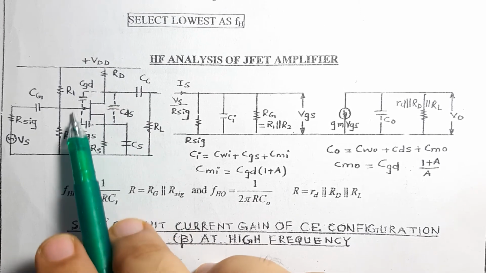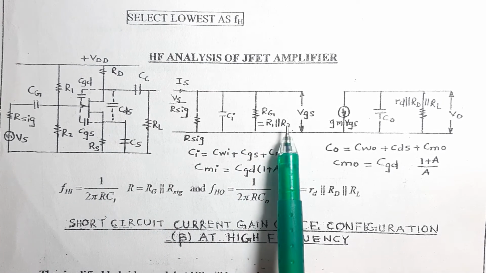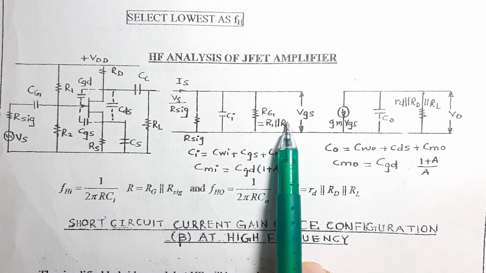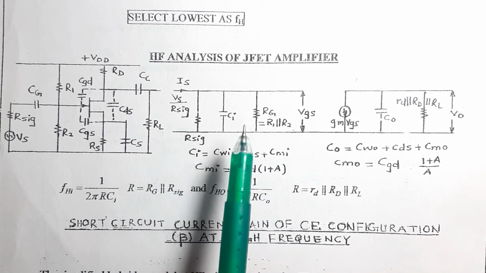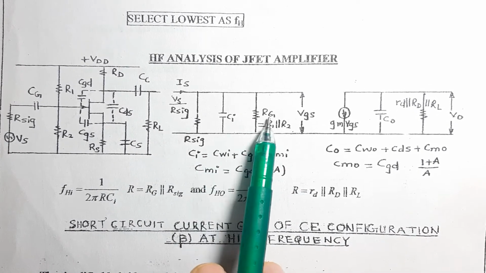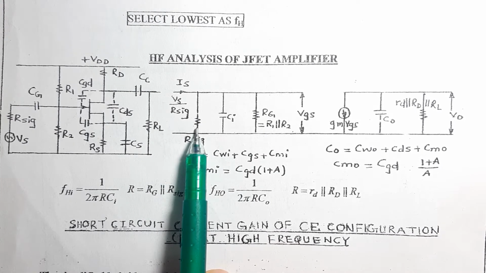So when you replace this entire model by your AC analysis, please be careful that over here you don't have an RPi. It is simply RG as the first parameter, and it is nothing but R1 parallel R2. So over here you have RG, then you have Ci, and over here you have your RS, R signal as you would say.